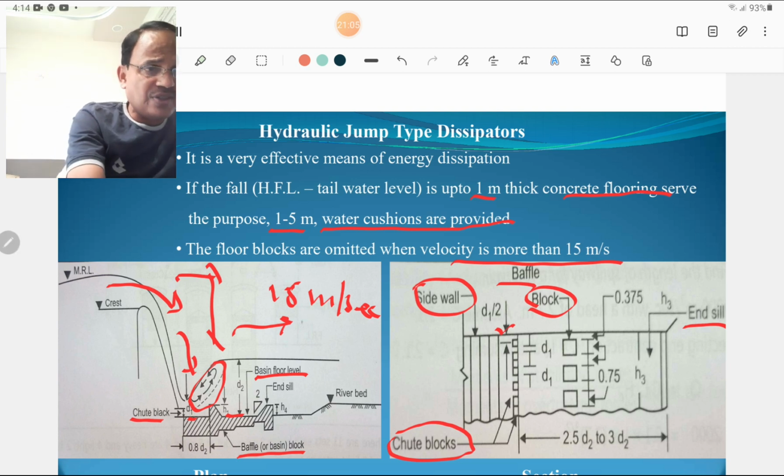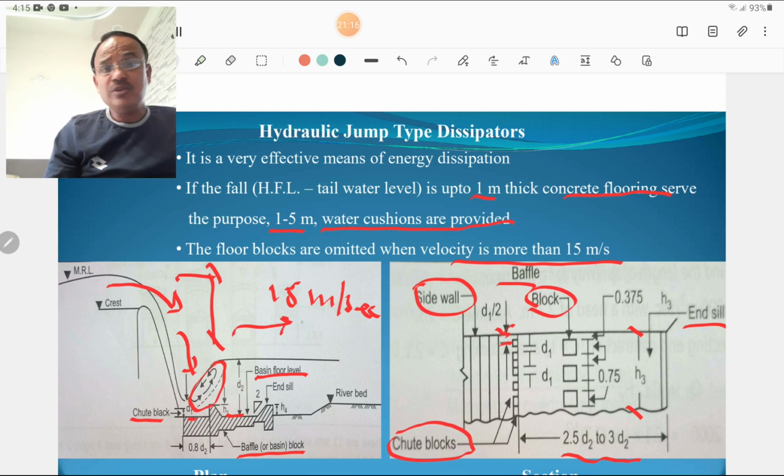All these dimensions such as 2.5 D2 to 3 D2, and this height is H3. You must know that this length is D1 by 2. So you must know these dimensions also to study these dissipators in detail. This is very important for you from the MPSC mains examination point of view.